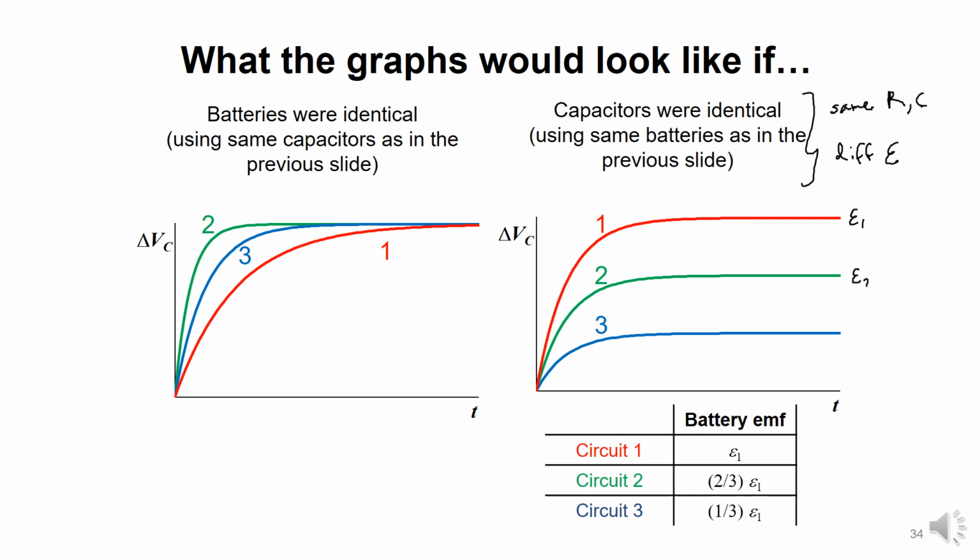So we'll have battery 1 of E1, battery 2 of E2, battery 3 of E3, corresponding to the 3 graphs here, but they will all have the same time constant. So all of them will take the same amount of time to get from 0 to 63%.